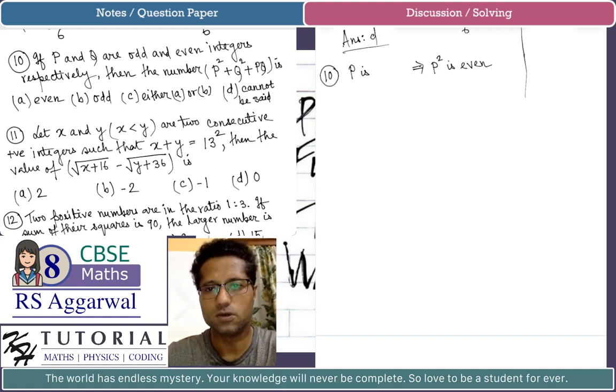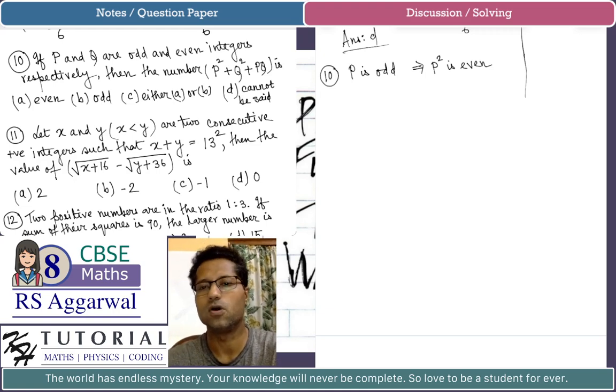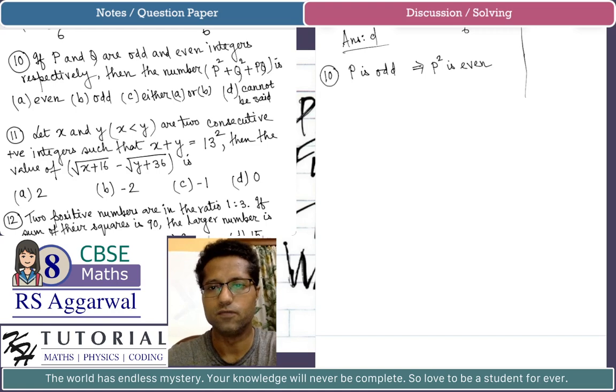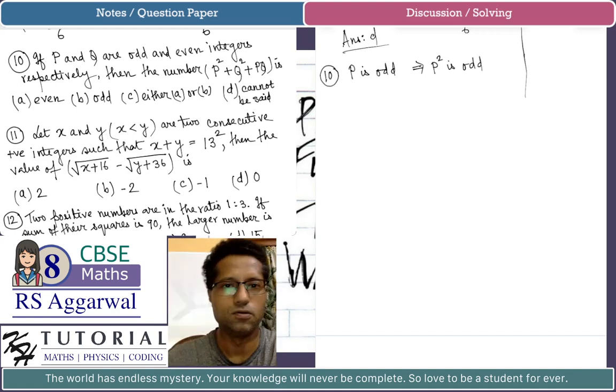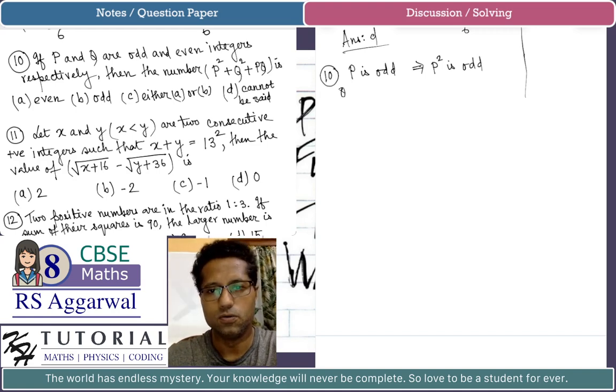We know that the square of an even number is even and the square of an odd number is also odd. So if p is odd, p square will also be an odd integer. Q is even, so q square is even.